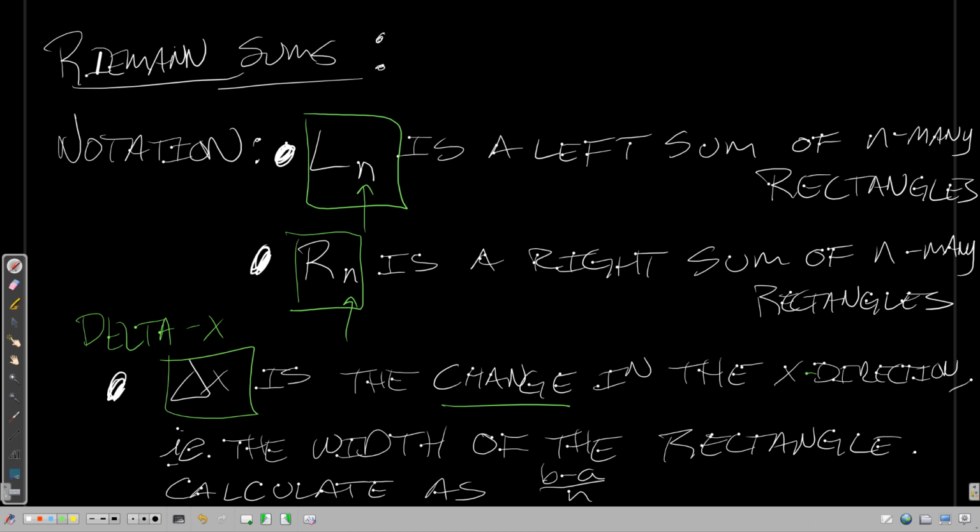It's the change in the x direction, which in a Riemann sum is the width of the rectangles. And this b minus a over n is delta x, because b minus a is the distance between a and b.